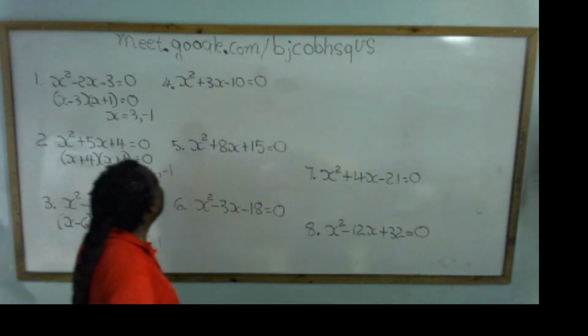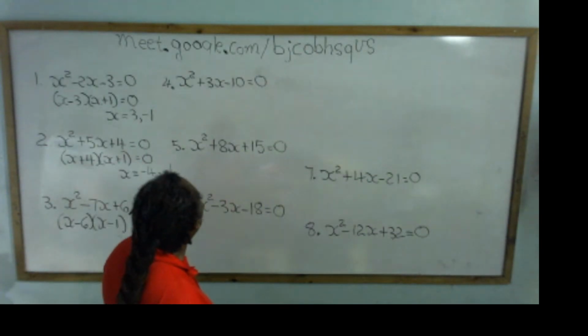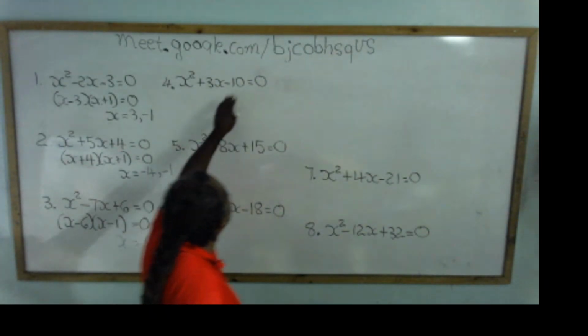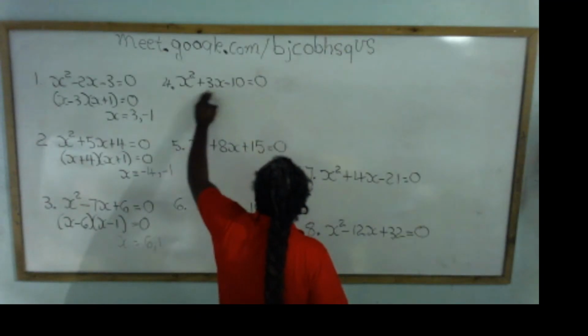What about this one? The product is negative 10 and the sum is positive 7.